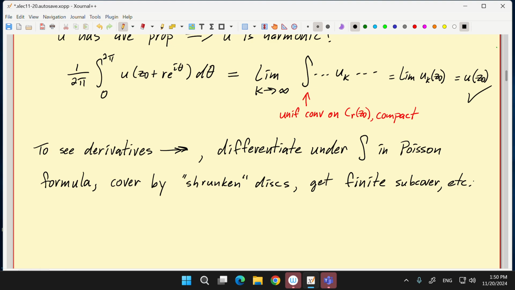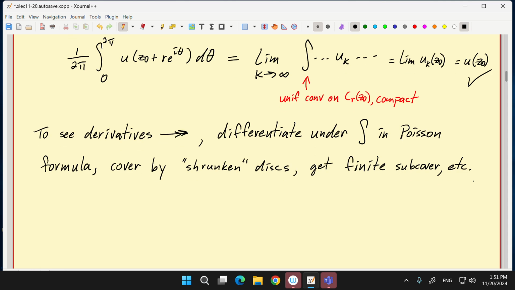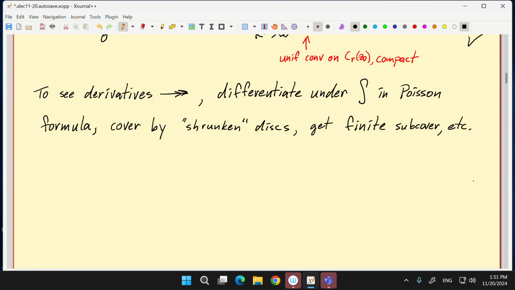And it's basic analysis to take a difference quotient and write it out, and to realize I can take the difference quotient under the integral sign, and then just show everything converges beautifully. That's how it works. So it's not hard. Okay, so that's a theorem we have now. Here's a remark that's worth thinking about.